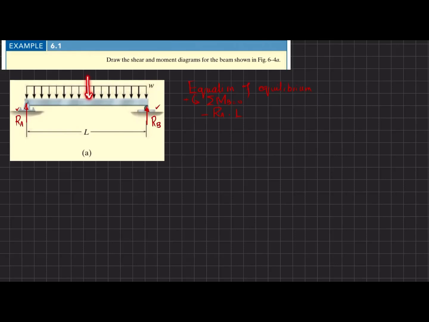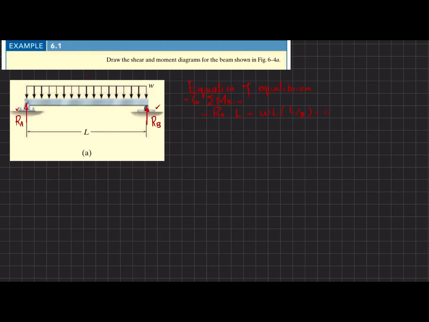When converted into a point load, it will be w into L, acting at a distance of L by 2 from both sides. Clear? And that will produce a counterclockwise moment, which is positive. So I will write plus w into L by 2 is equal to 0.